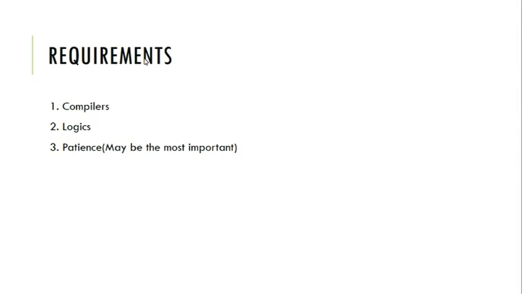I tell them to use Code Blocks because compiling and running in Code Blocks is a bit easy. I tell them to avoid using Turbo C++ because in Turbo C++ there are some header files which were actually not a part of the original C. They were made to make it easy, but you can use it.